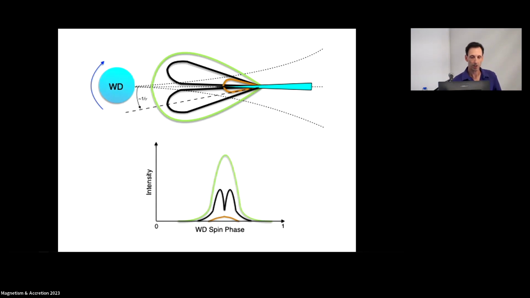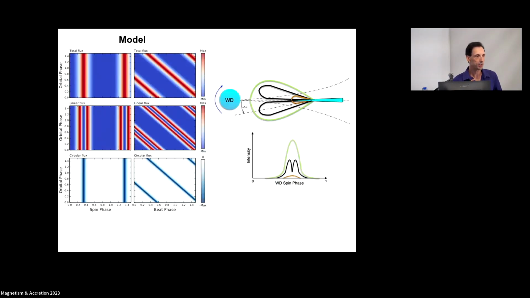So you can see here the green, black, and orange lobes represent the total intensity, linear polarization, and circular polarization. So you can imagine as you rotate this system, you will get light curves that look like the plot on the bottom. But now if we convert this model into the dynamic pulse profiles, like we did with the data, this is what we have.